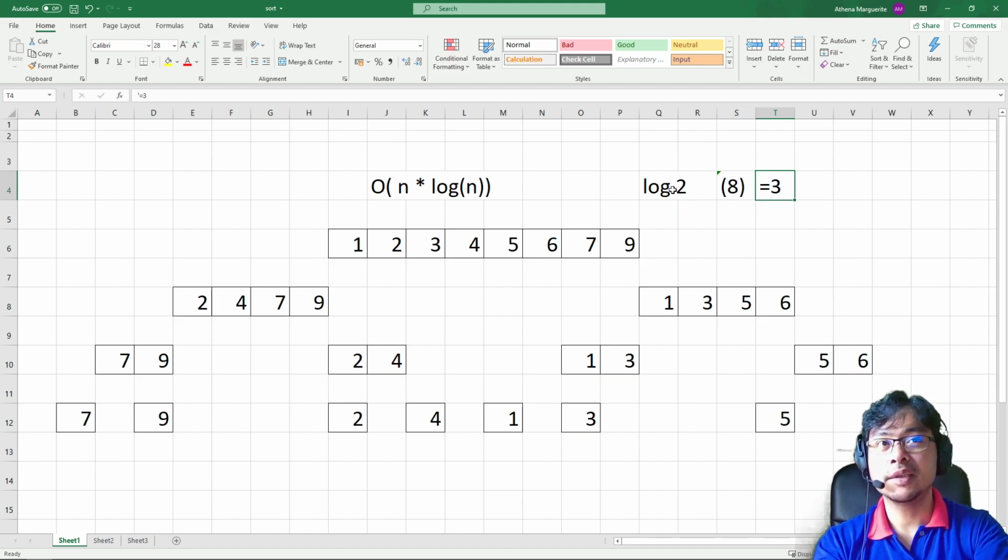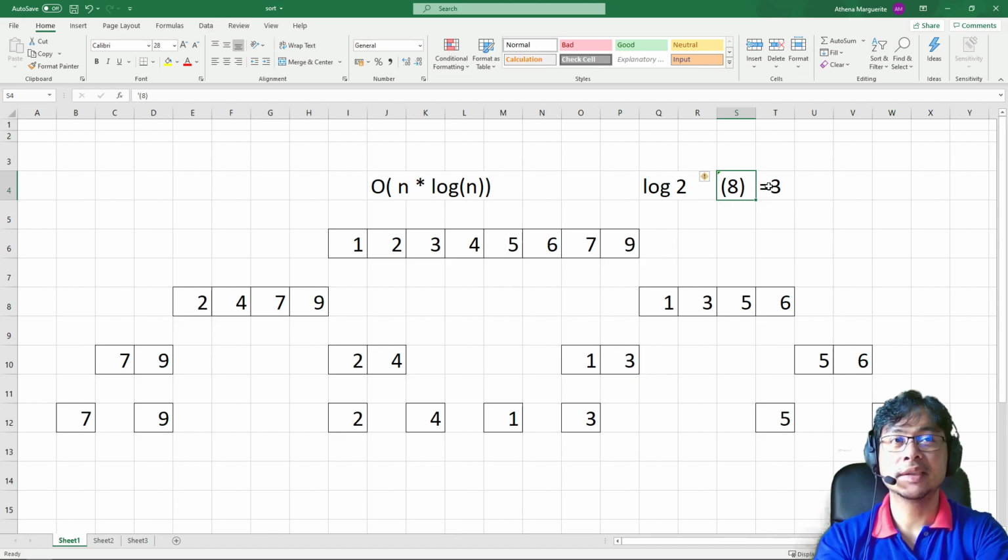You raise 2 three times: 2 times 2 times 2 is 8. That is how we got log base 2 of 8.